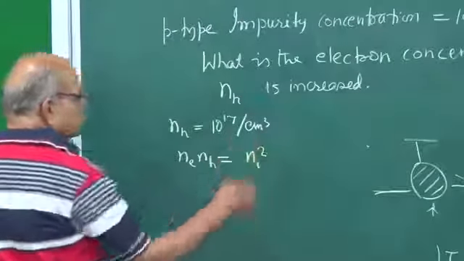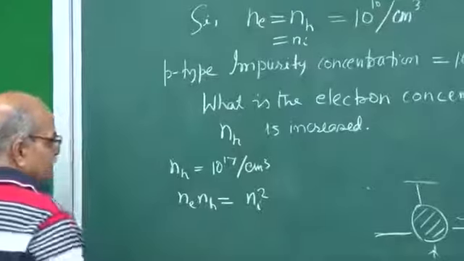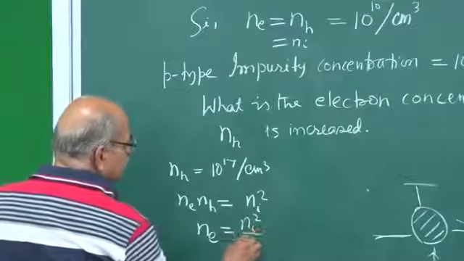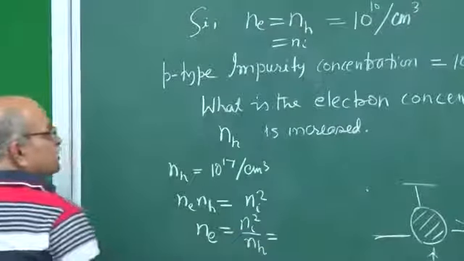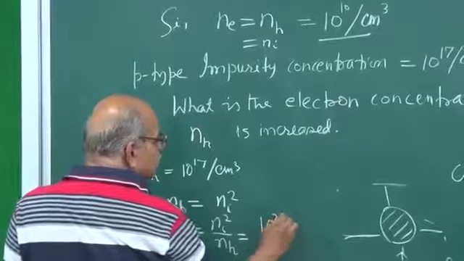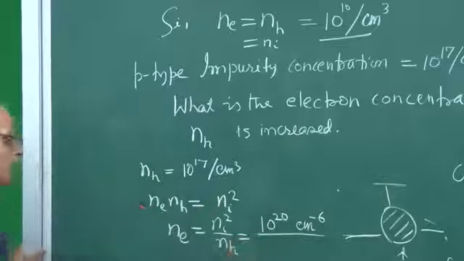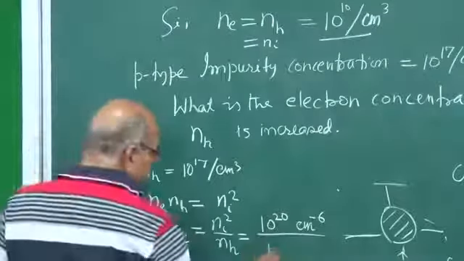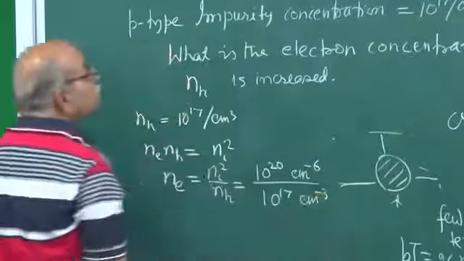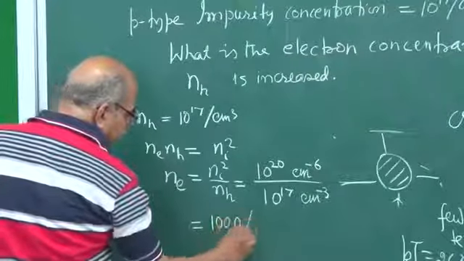and that is Ni square, the intrinsic concentration squared. This thing is Ni, and therefore Ne is equal to Ni square divided by NH, and Ni square is 10 to the power 10 into 10 to the power 10, that is 10 to the power 20 centimeter power minus 6, and NH is 10 power 17 per centimeter cube, which is just 1000 per centimeter cube.